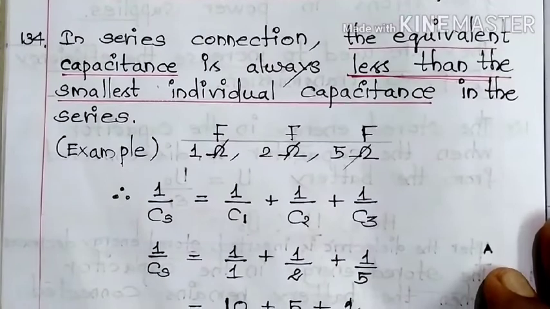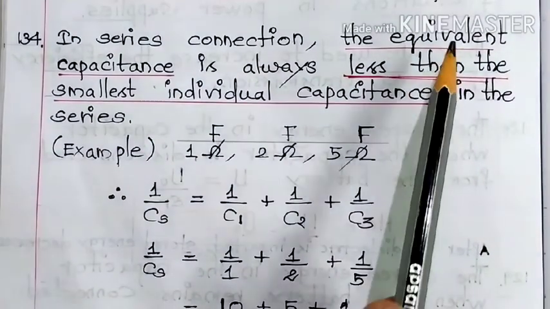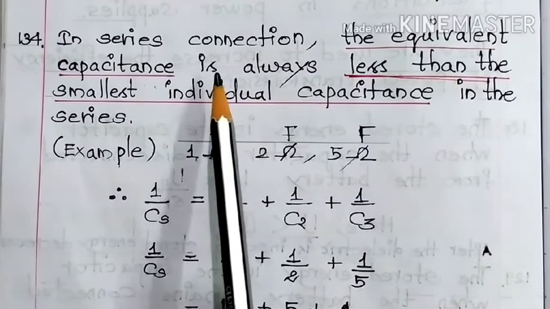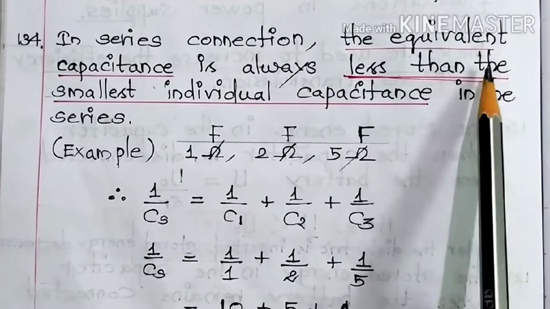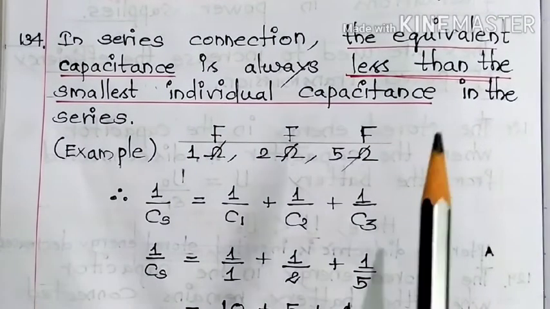Next point, in series connection, the equivalent capacitance is always less than the smallest individual capacitance in the series.